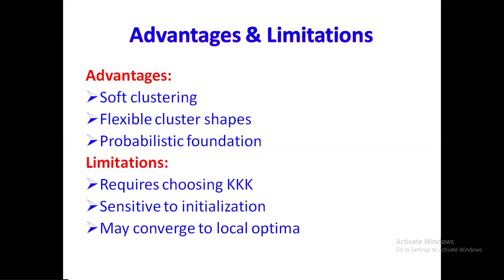Next, advantages and limitations. GMM offers several advantages over other clustering models. They allow soft clustering, which is more realistic in many scenarios. They can model elliptical clusters, unlike k-means, which assumes spherical shapes. Additionally, GMMs provide a probabilistic foundation which enables statistical inference.